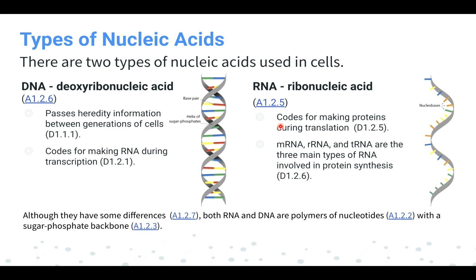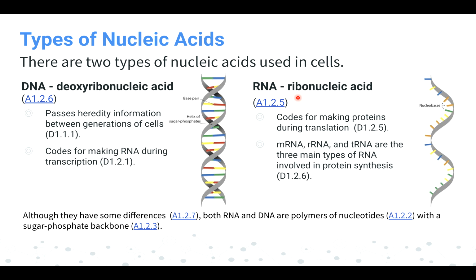They pass hereditary information between the cells, between the generations of the cells. And the second most important function is to make protein. So they have the coded information which helps to make RNA also. So DNA makes RNA, that is possible. And the process by which DNA molecules make RNA, we call transcription.